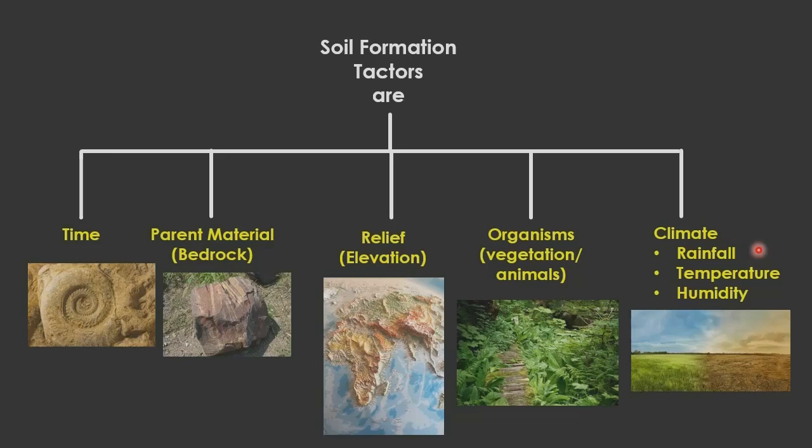When this happens, rainfall can dissolve some rocks, and temperature, like freezing and thawing, can also help in creating more rock particles and converting them into soil, and humidity can also affect the decomposition of some rocks. So again, these are the five factors that help in the creation of our soil.